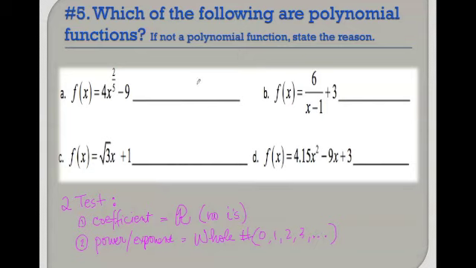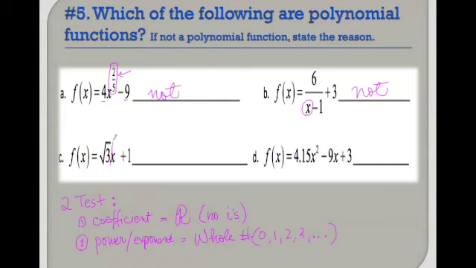So when I look at number 1, I see that it does pass the coefficient test, but it fails the exponent test. So this one is not, and it's because of this fraction. Okay, for B, I notice that x is in the denominator, which means a negative exponent, so it means not because of the negative.